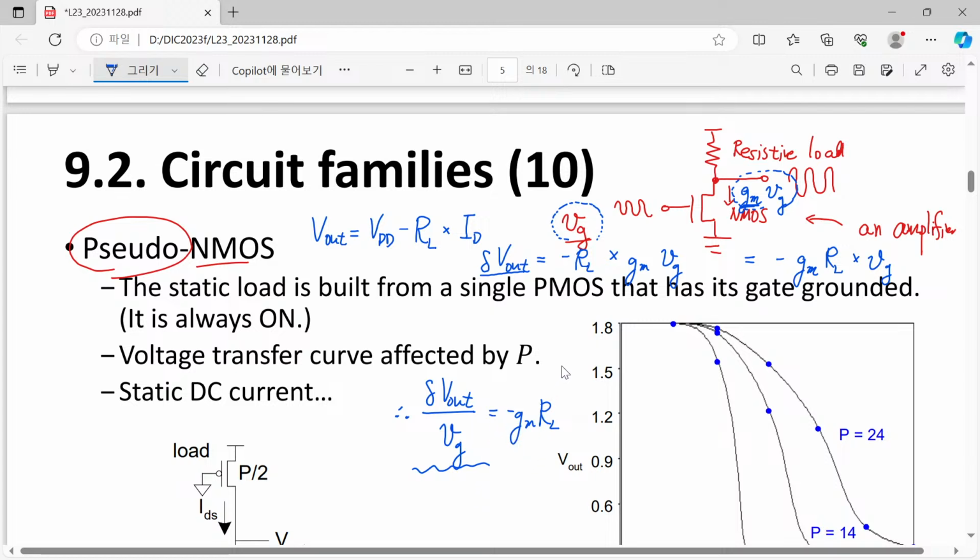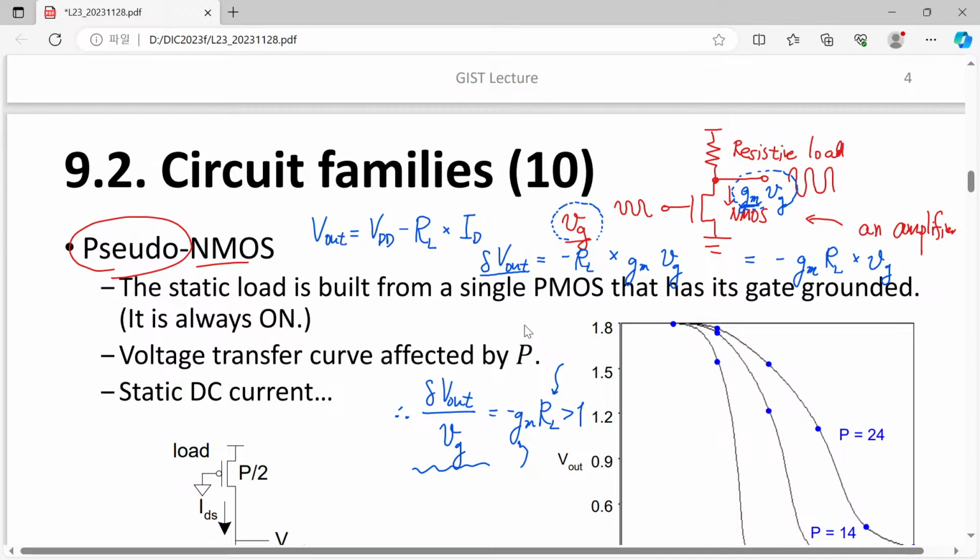If we have a sufficiently high resistive load and sufficiently high transconductance, then their product will become larger than 1 in absolute value, and we can say that it is working as an amplifier. That was studied in our microelectronics course, the so-called common source amplifier.